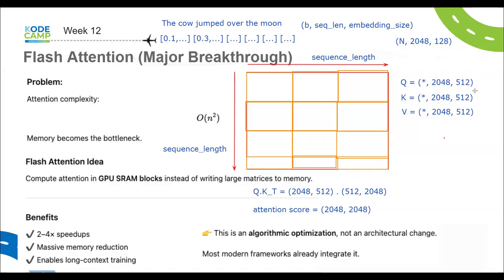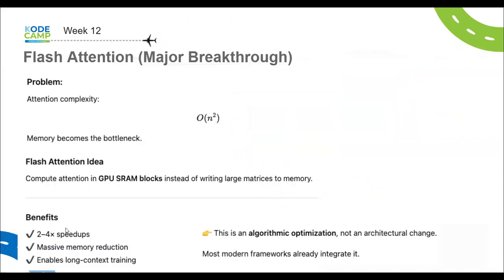The benefit is, of course, more speed up, because you're effectively computing less at a time, even though altogether you have to do multiple iterations. It massively reduces memory consumption, and it allows long context training. Basically, it can allow your models to have even larger context windows.